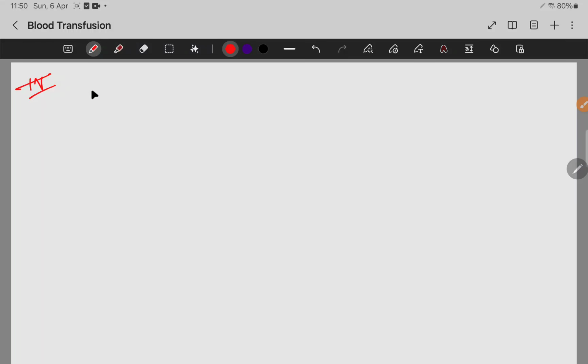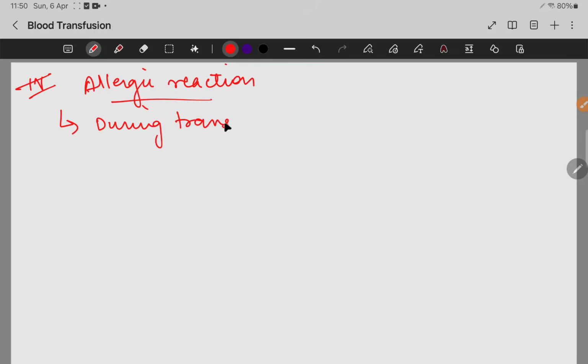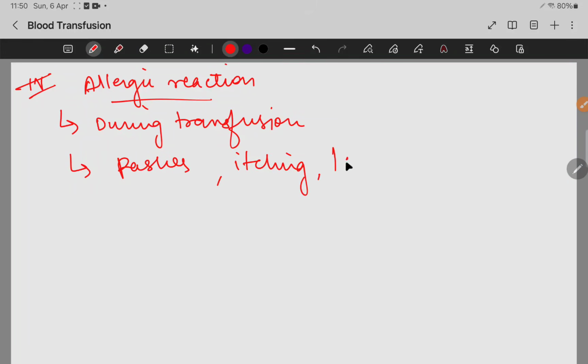Next reaction is allergic reaction. It develops during the transfusion, or within 1 hour, due to sensitivity of the individual to the plasma or transfused blood. It is characterized by rashes, itching and laryngeal edema.